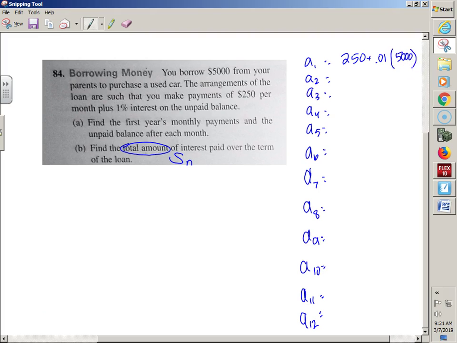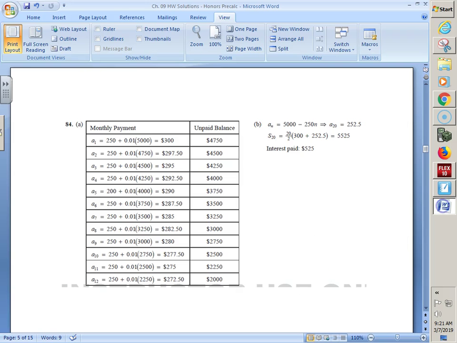Now hold on. So wait, am I doing 1% of 5,000 or am I doing 1% of 4750? Okay, so it's not after I've paid the 250, it's before I've paid the 250. Now some of you guys might be like, is that really how it works? Well, you can ask your parents about their mortgage payment or their car loans, etc., as to what they pay.